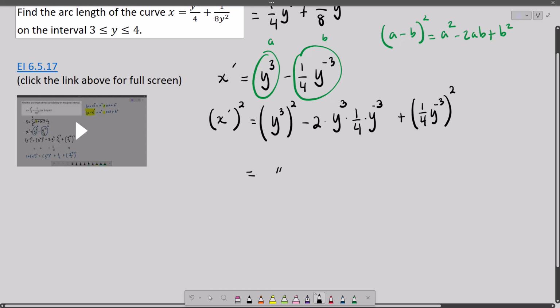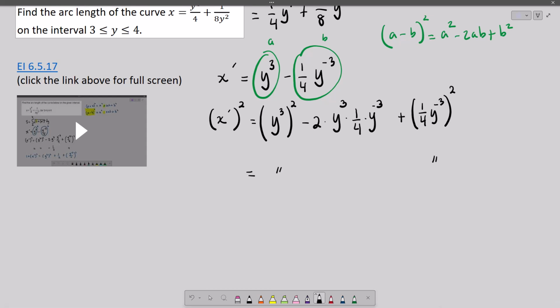So the first term and the last term we're not going to do anything with. Negative 2 times 1/4. Okay, that's negative 1/2. And y cubed times y to the negative 3 is y to the 0. Y to the 0 is 1. So this is a perfect square trinomial.